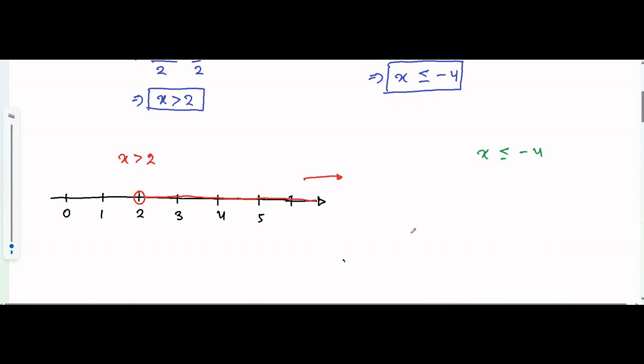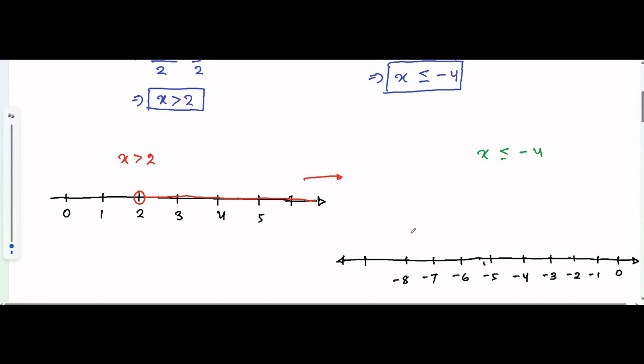So we have 0, minus 1, minus 2, minus 3, minus 4, minus 5, minus 6, minus 7, minus 8, and it goes like that.